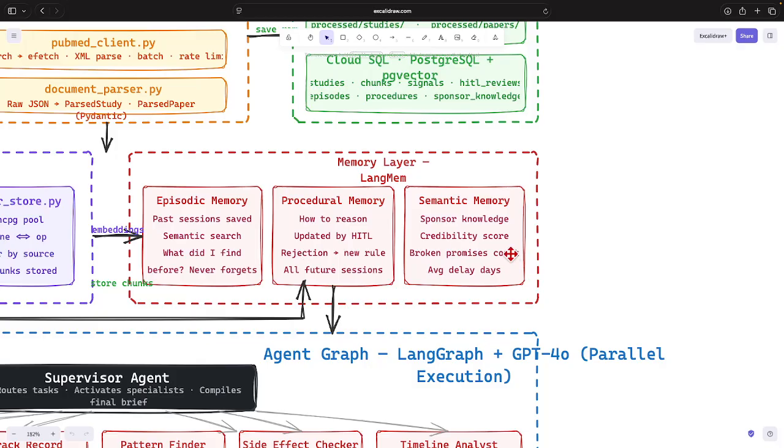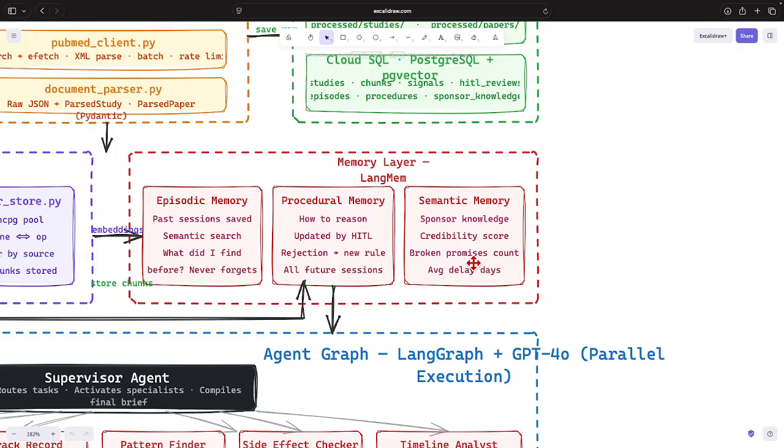And the third is semantic memory. Semantic memory is the growing knowledge base about every sponsor the system has ever encountered: the credibility score, how many times they have posted results on time, how many broken promises they had, and so on. Basically everything with respect to research.